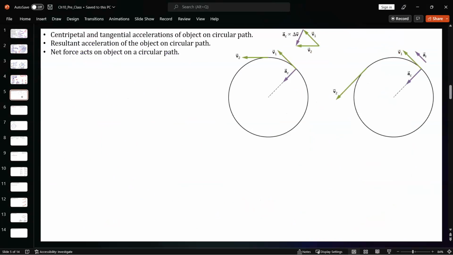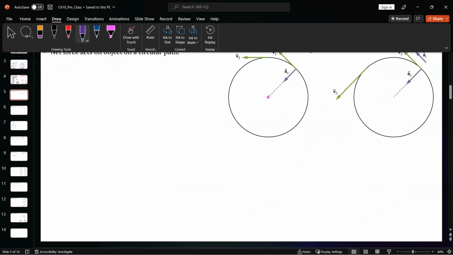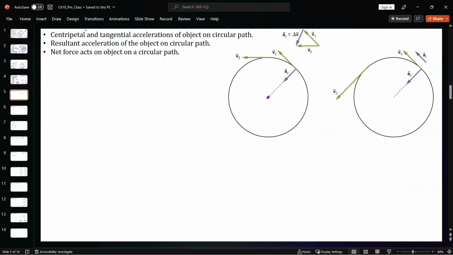We derived a formula for when the object is moving on a circular path, even if the object keeps its angular velocity constant, which means only the direction changes while the magnitude of the tangent velocity remains constant. Even in such a case, because of that directional change, there is a small change of velocity, and that small change always produces what we call the centripetal acceleration, acceleration towards the center.